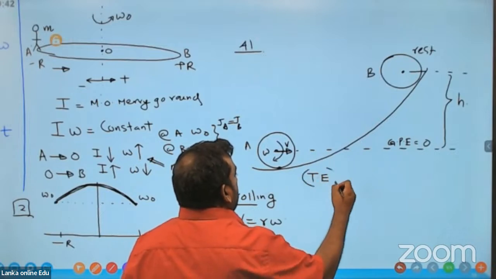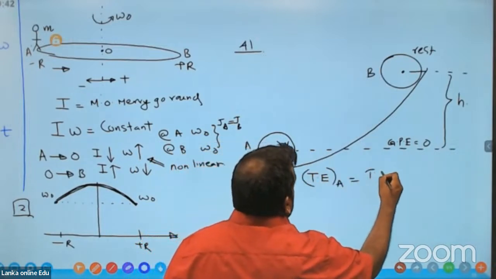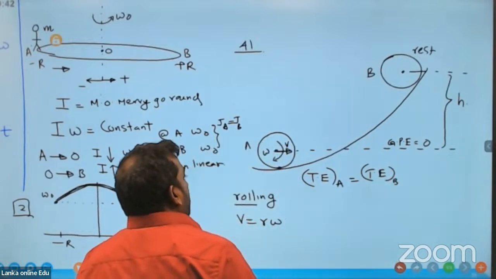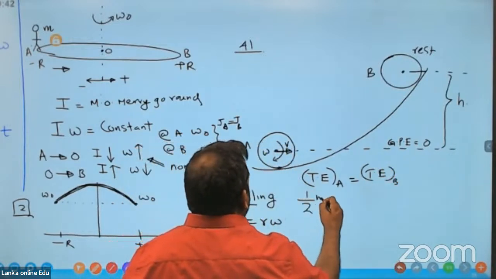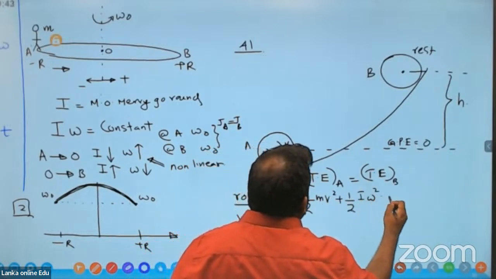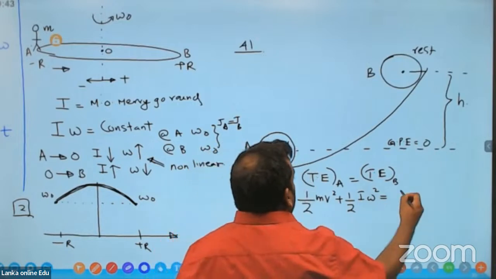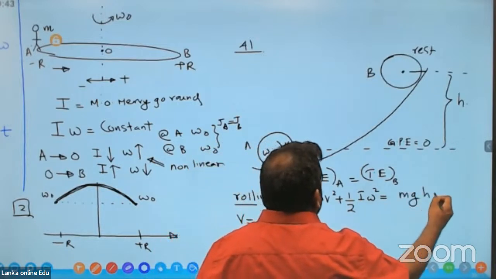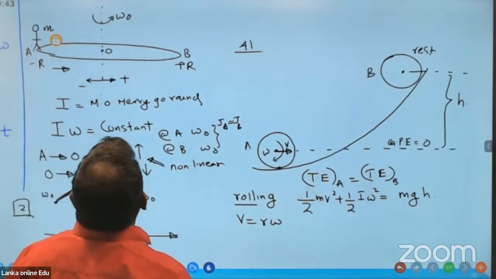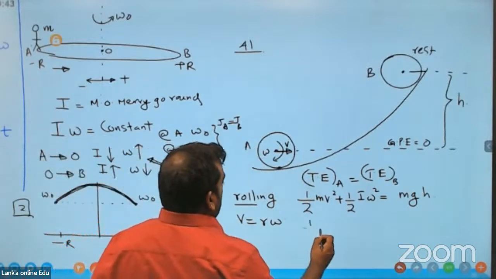Total energy at A equals total energy at B. Total energy at A is kinetic, half mv squared plus half I omega squared. Total energy at B is just gravitational potential energy, mgh. Now you can simplify this.